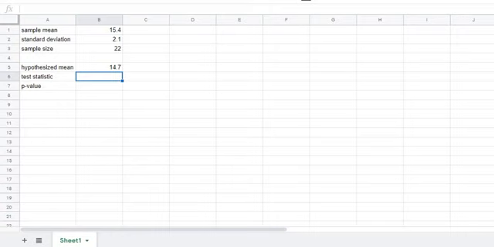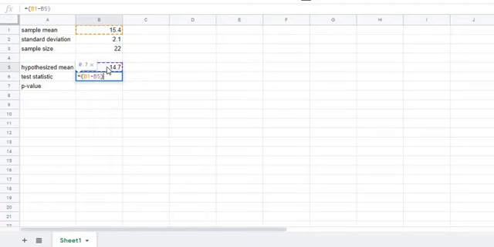Now let's look at calculating the test statistic, because in order to calculate the p-value, we have to calculate that test statistic, and that's going to be the same as t equals x bar minus mu divided by the standard deviation divided by the square root of n. So I'm going to type in my equal sign. Now the numerator I'm going to enclose in parentheses. We want to take x bar, which is the sample mean, minus the hypothesized mean, or mu.